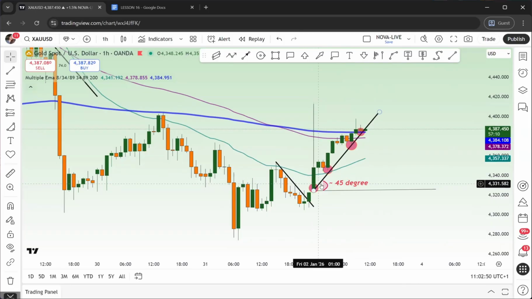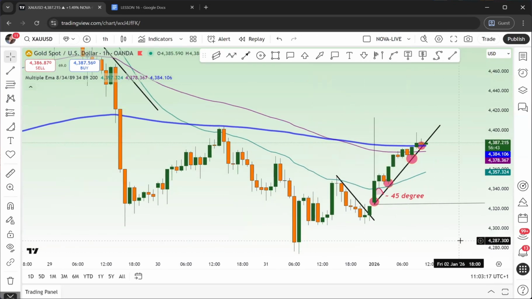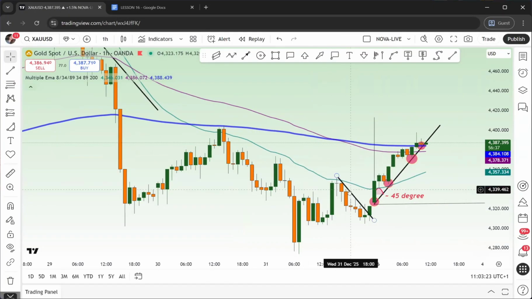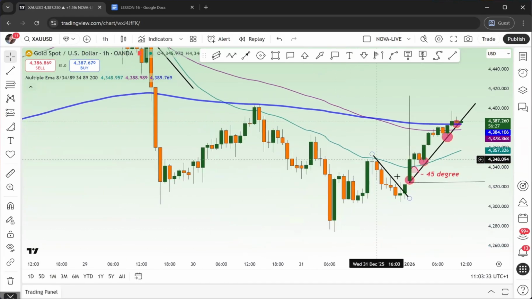Or you can measure this way as well, because when a square angle is divided into two, each angle is balanced, 45 degrees. And this is a steep one, a steep trend line that is easy to break out.